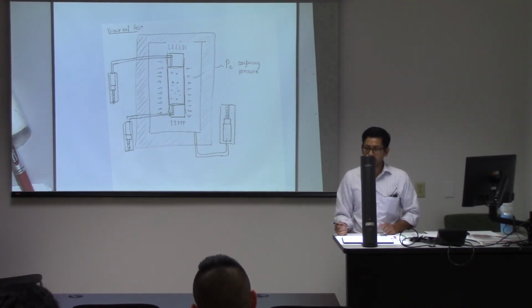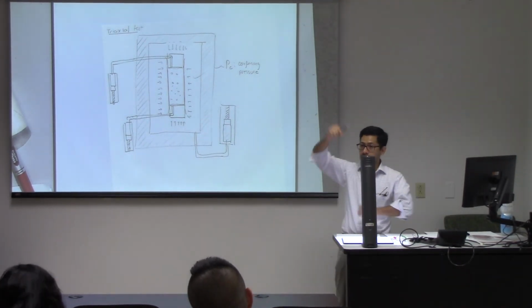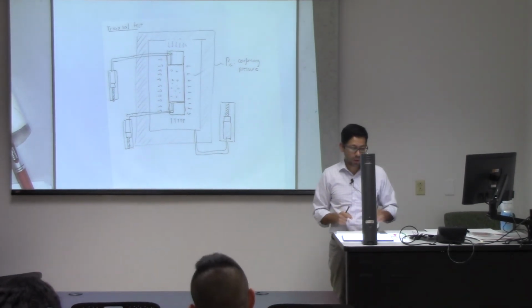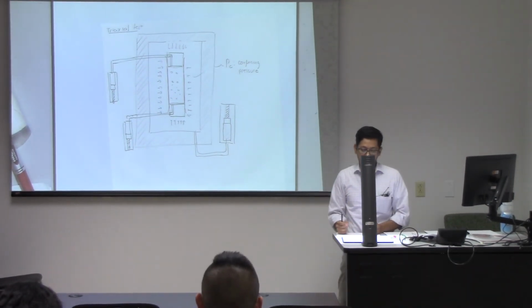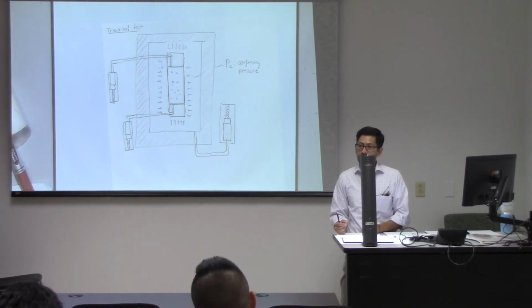There is one thing that we're missing, which is if we really want to apply a triaxial test and we want to fail the rock, we need to add a deviatoric stress.